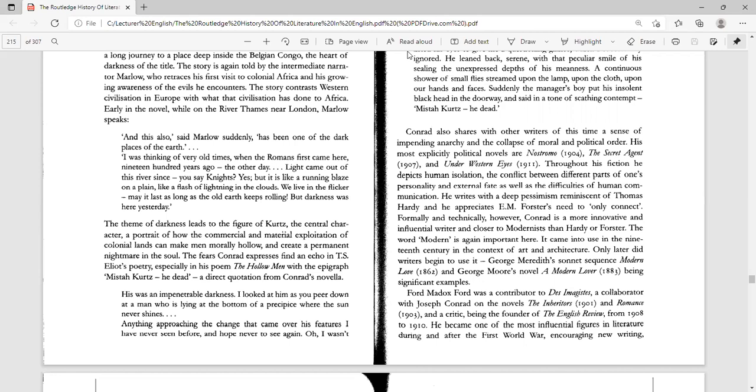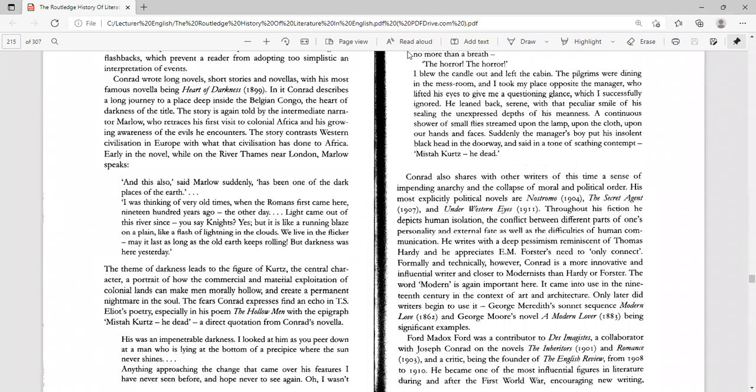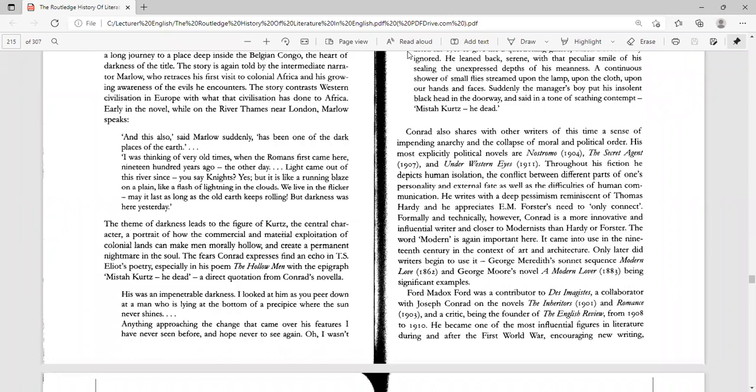That's a quotation from the novel Heart of Darkness, but it sums up, you can say, the spiritual decline of the colonizer. The horror, these are the last words of Kurtz.